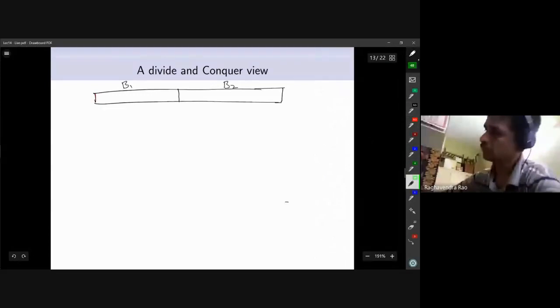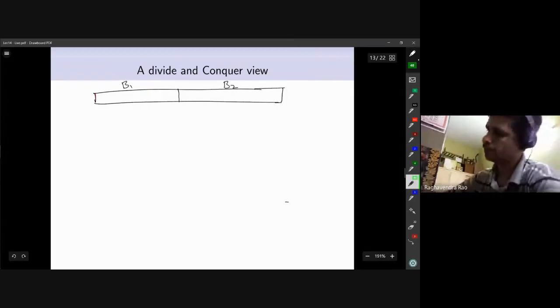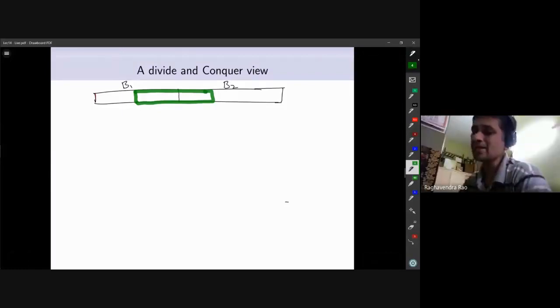Let's say I have a subarray which splits across. I want to compute the max sums of all such subarrays. How many possible subarrays? n by 2 into n by 2, right? As some of you pointed out.